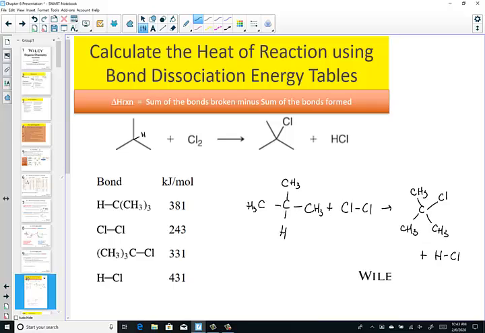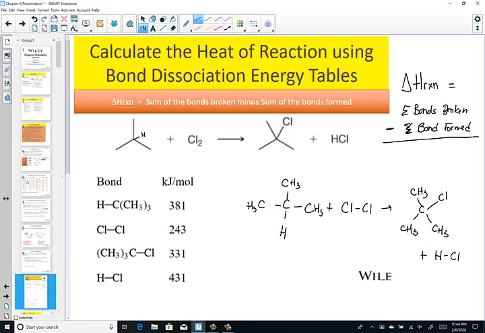So we're being asked to find the heat of the reaction, the delta H of the reaction. Is this an endothermic or an exothermic process? And to calculate this, you might find the easiest formula to use is to take the sum of all the bonds that are broken and subtract the sum of the bonds formed.